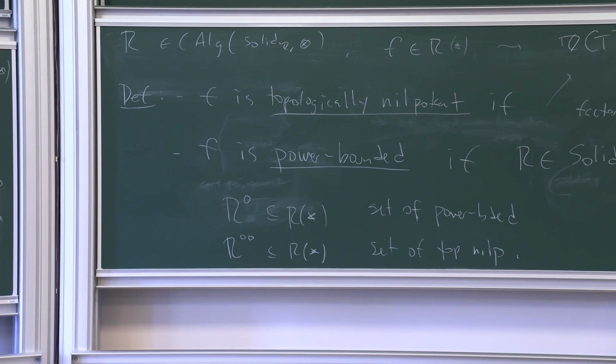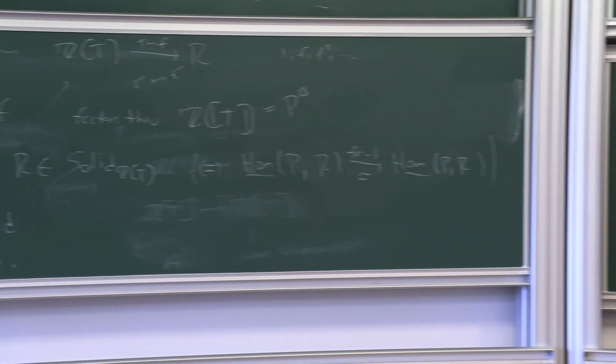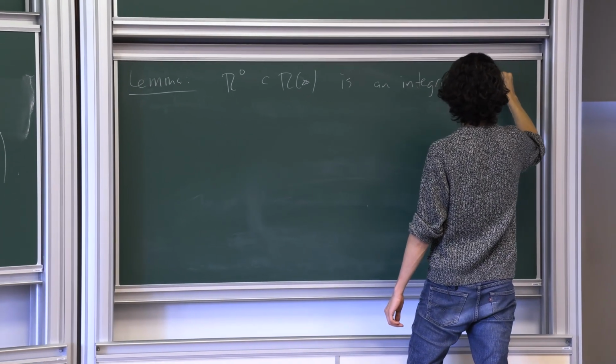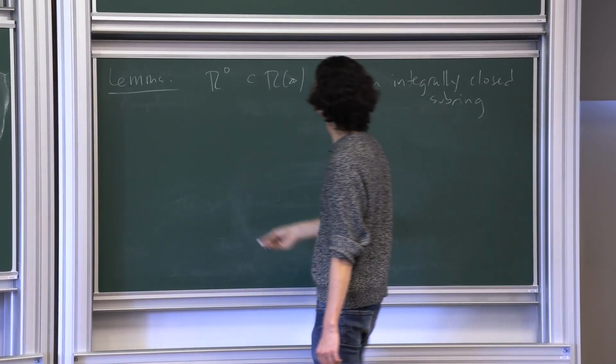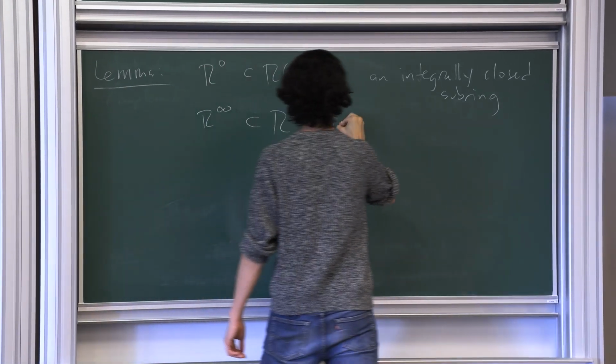So the lemma is that R^0 inside this ring is an integrally closed subring. And R^00, first of all, is contained in R^0, and it is a radical ideal.